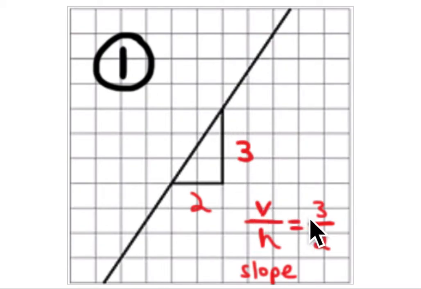So this is a vertical distance of 3 and a horizontal distance of 2. So that's the slope. 3 units up for every 2 units along the x-axis or along the horizontal distance. So this is 3/2. And actually I prefer a ratio of 3 to 2.